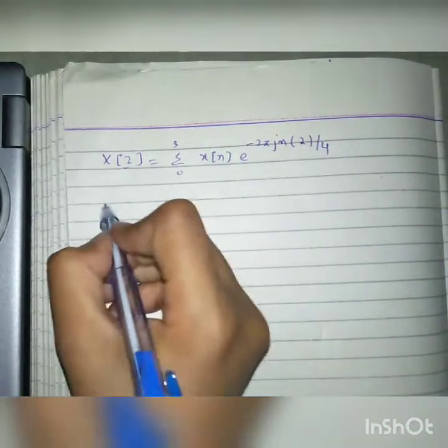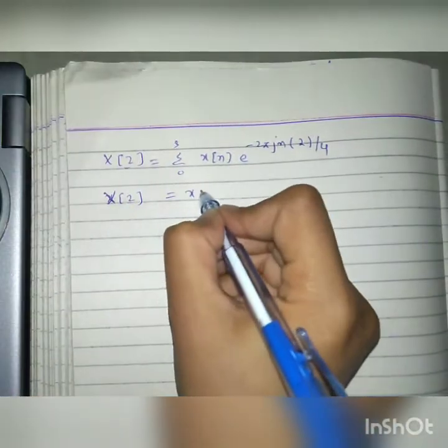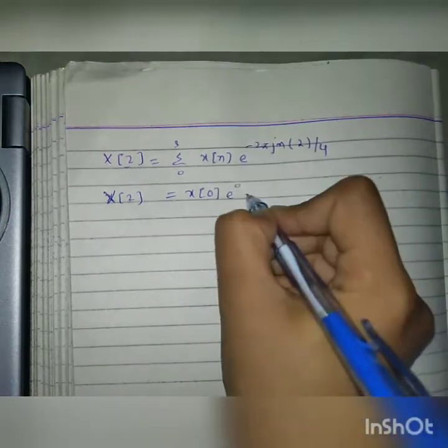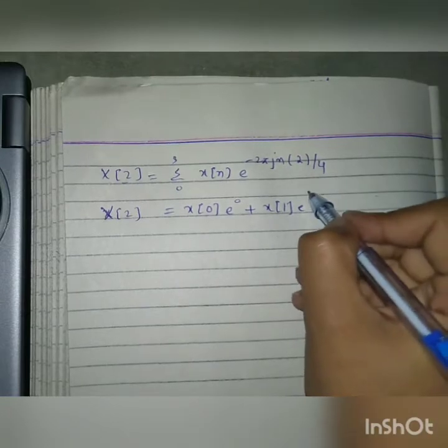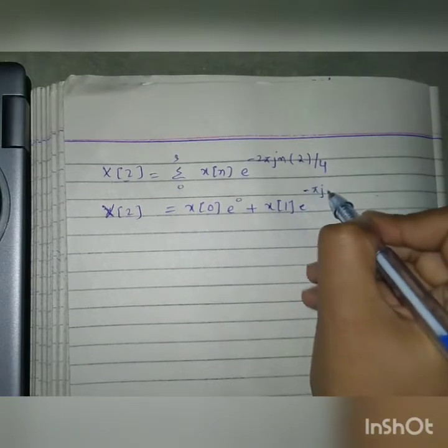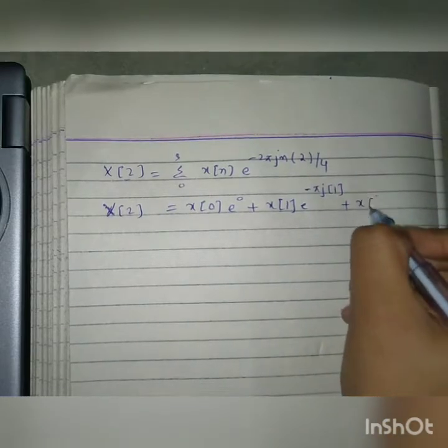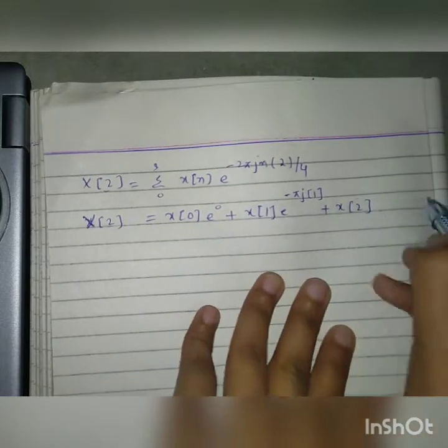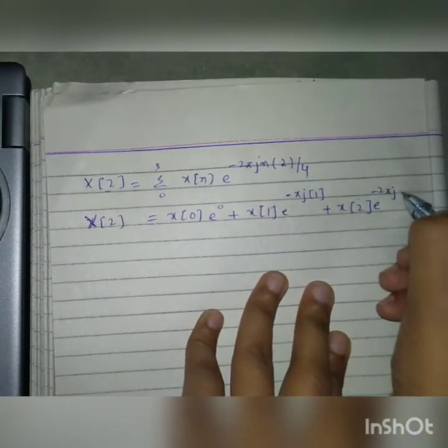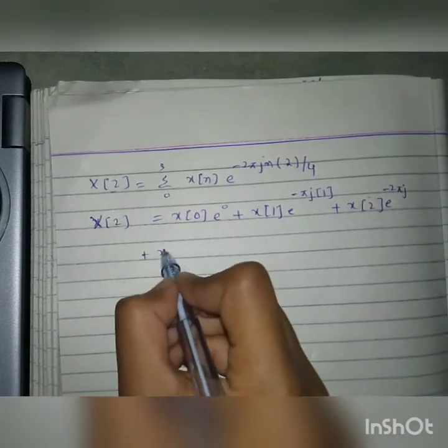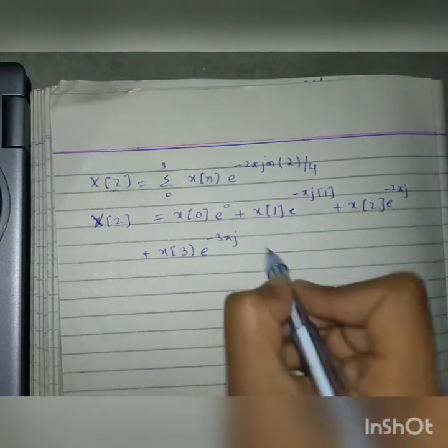So X(2) is equal to x(0) e^0 plus x(1) e^(-πj), n is 1, plus x(2) e^(-2πj), plus x(3) e^(-3πj).